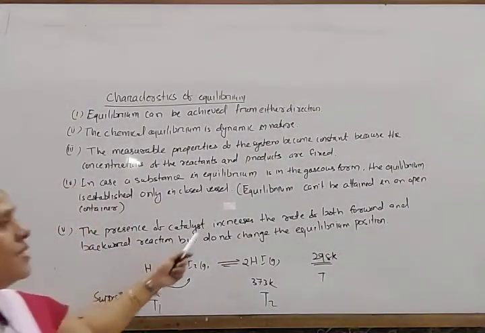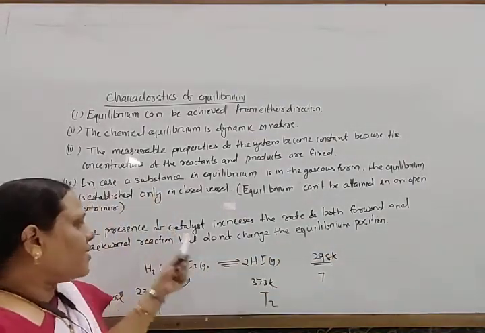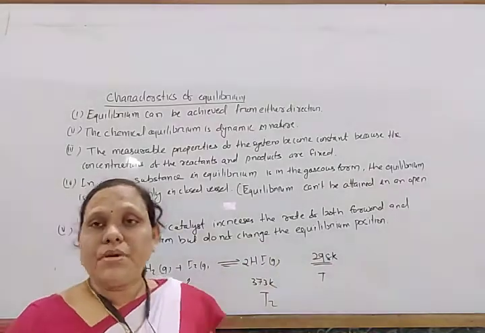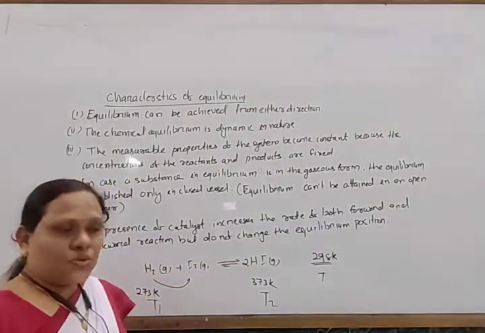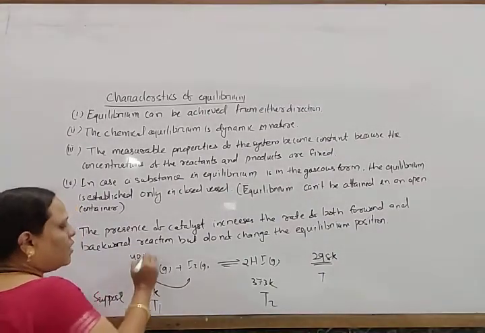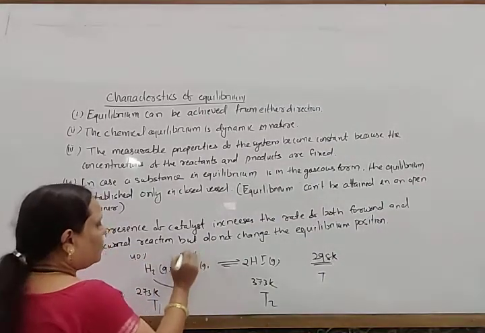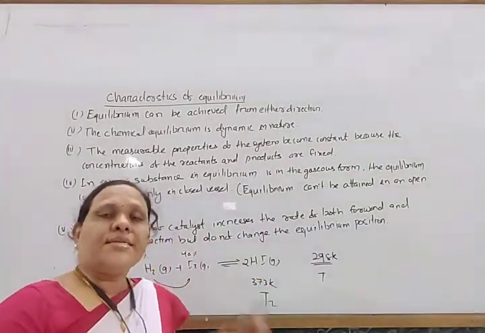Next, the presence of a catalyst increases the rate of both forward and backward reactions, but does not change the equilibrium position. Suppose for H2 and I2 giving rise to 2HI, the reaction achieves equilibrium at a composition of 40% H2 and 40% I2.